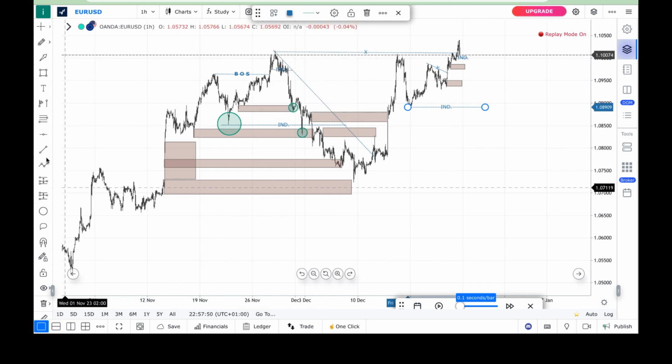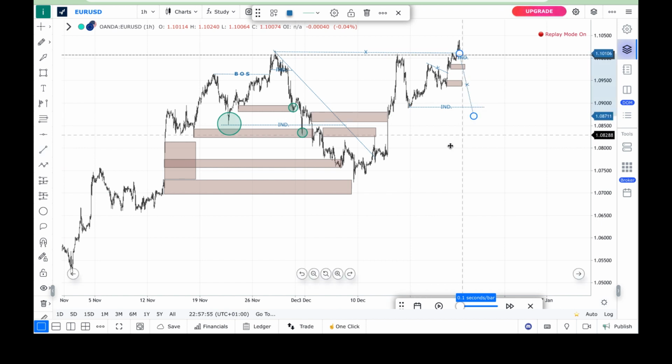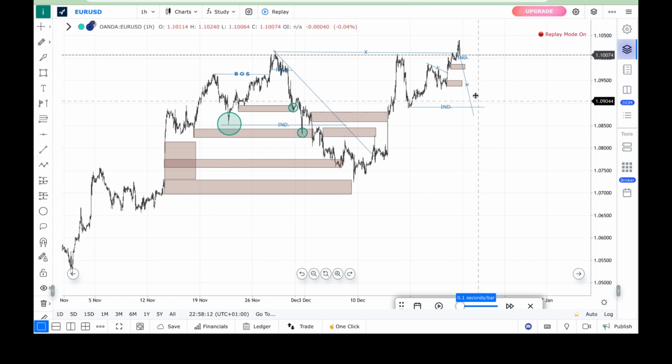This external inducement needs to be taken before the market can go in your direction. Even if it won't go in your direction, it needs to take out this external liquidity. That's the reason for most people's failure.